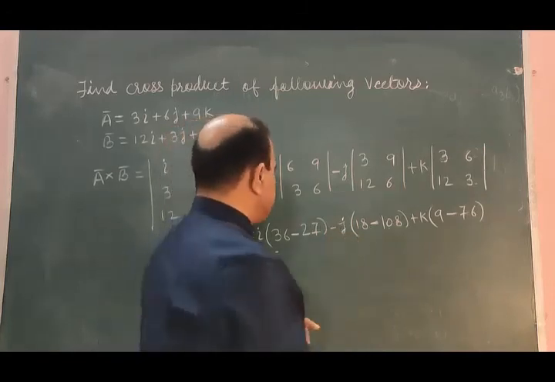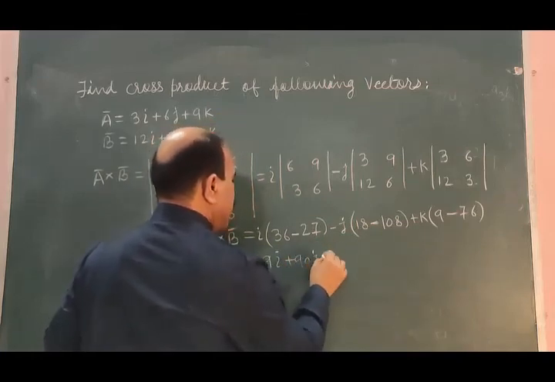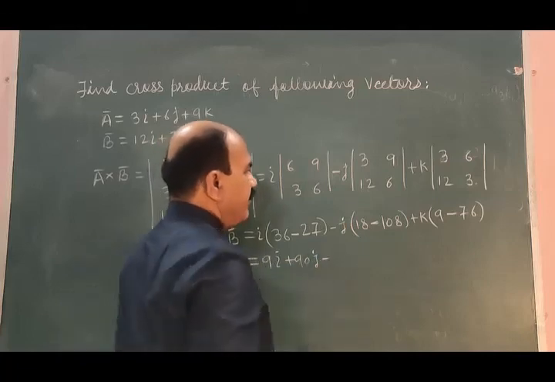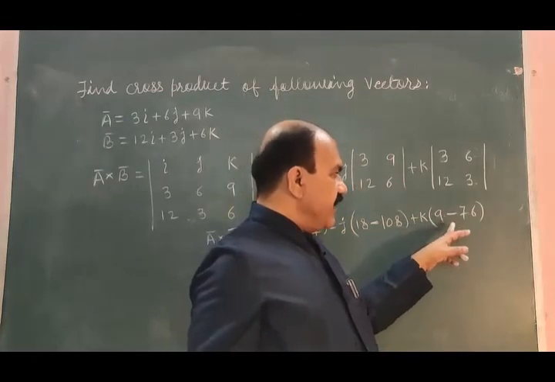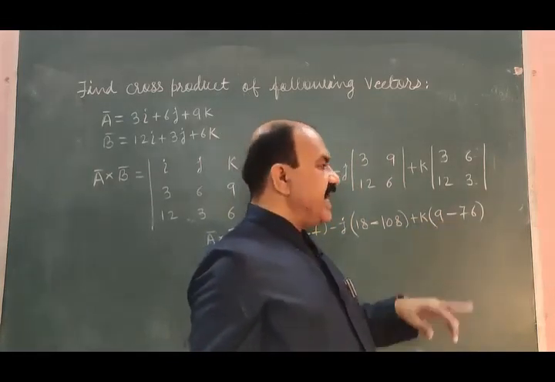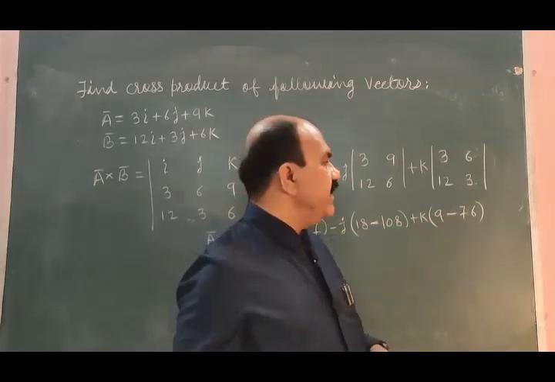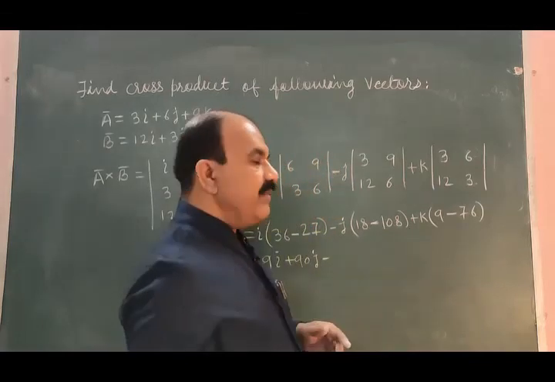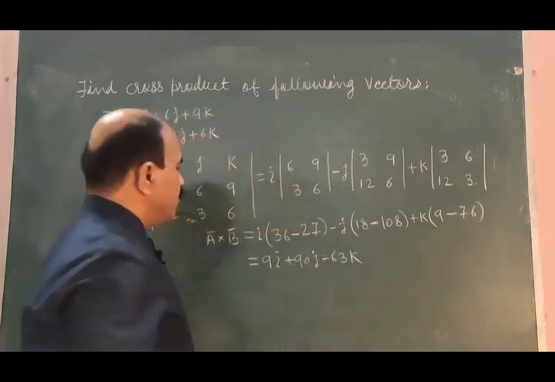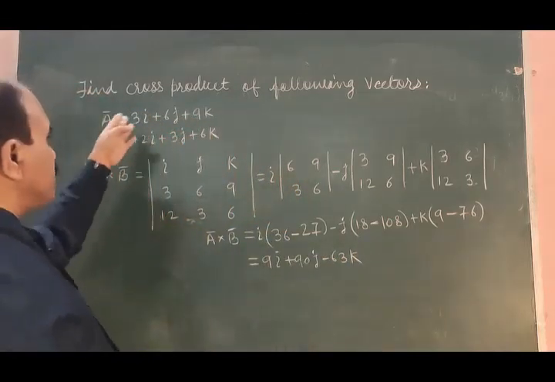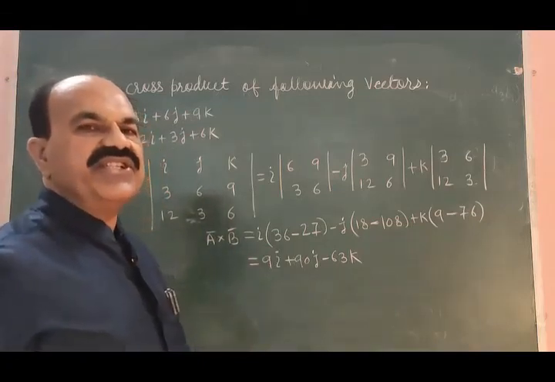Minus 90 into minus gives plus 90j. Then 72 minus 9: 72 is minus, 9 is plus, so we have to take away 9 from 72, and it will be minus 63. So the vector product of these two vectors is 9i plus 90j minus 63k.